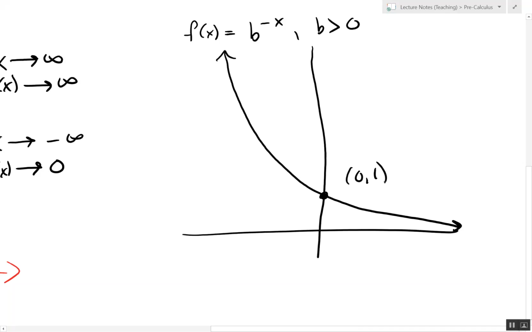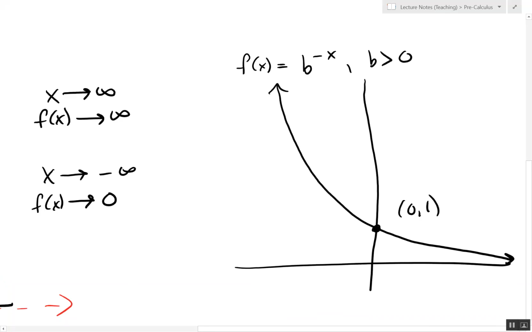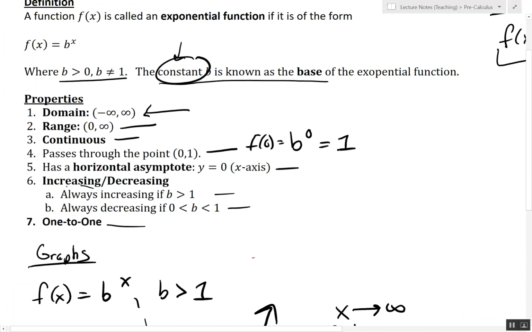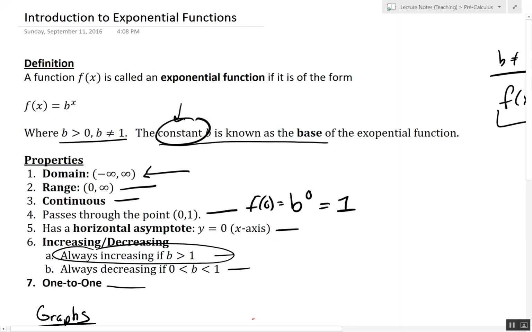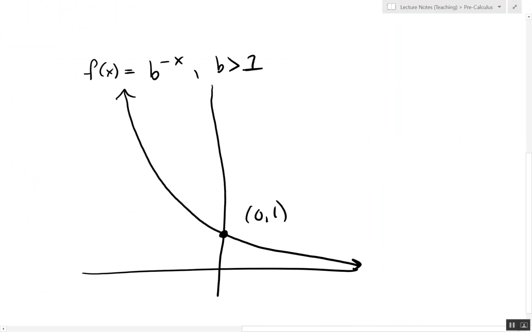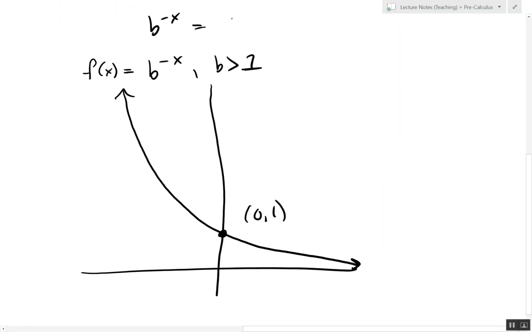And you may be saying, well, wait a tick. Didn't you just say if b is greater than 1, which is what I should have written here, it should be always increasing? But this graph is clearly always decreasing. Well, look at b to the negative x. That is just b to the -1 raised to the x power, which is 1 over b raised to the x power.